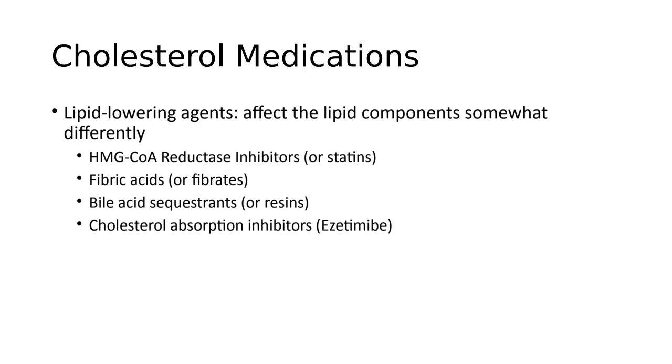So this is caused by rhabdomyolysis. It causes muscle weakness and breakdown, and then it ultimately can kill their kidneys. So if somebody takes a statin and they say that they are having progressive muscle weakness, they need to stop taking it or they're at risk.